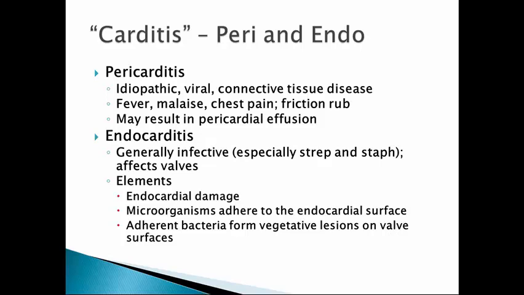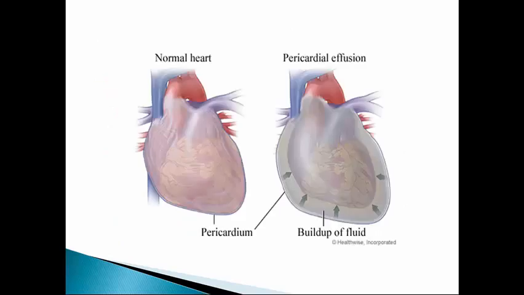So we have collection of fluid in the pericardial sac. And I'm going to flip to a picture here. So here's your pericardium, and of course your lovely heart. What happens with this pericardial effusion is you get more and more buildup of this fluid within that sac, which should be fairly close to the heart.